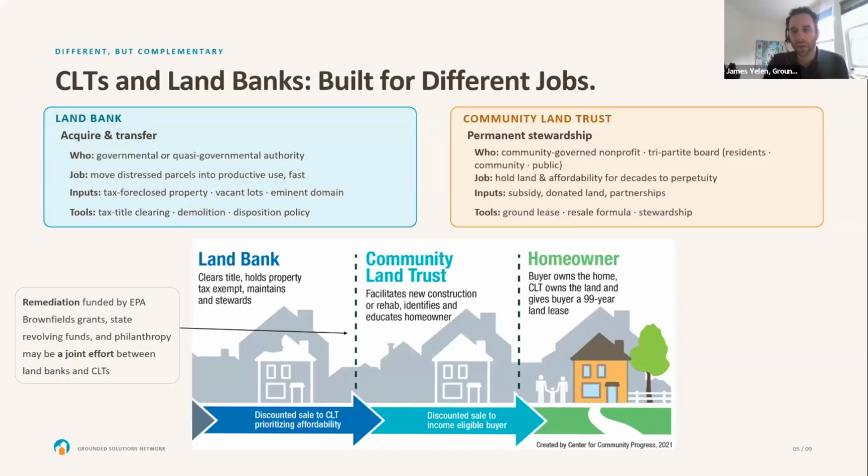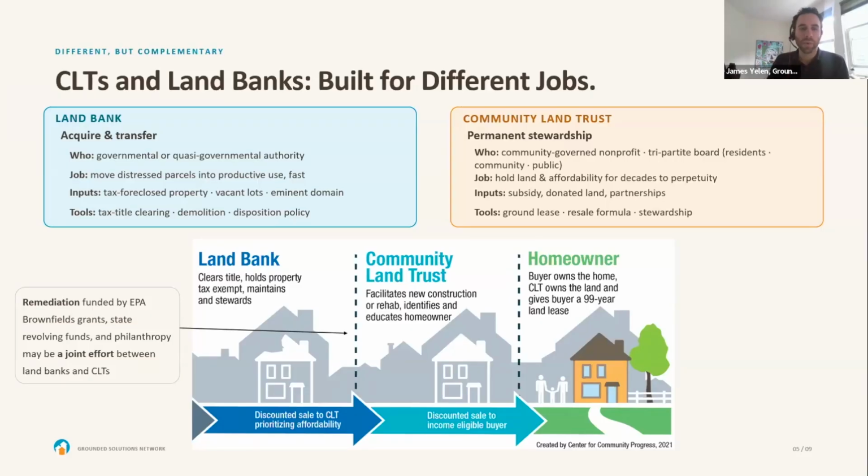Another quick point I want to make, and sometimes people conflate these two models, which makes total sense because they have certain things in common. It's just calling out that land trusts and land banks, while they're not the same thing, and they are in fact built for very different jobs, are important and complementary tools in the overall community development space, and especially when it comes to brownfield remediation.